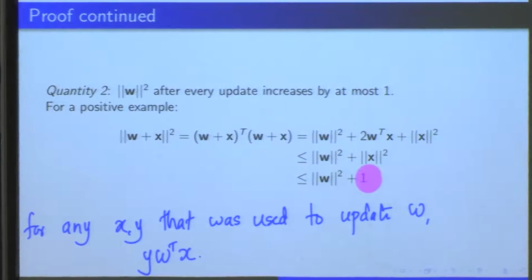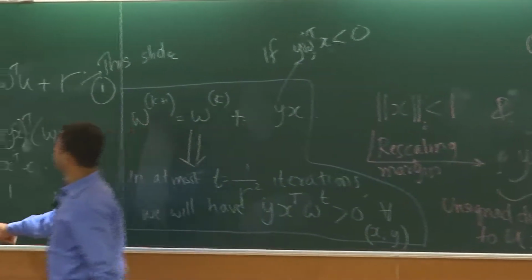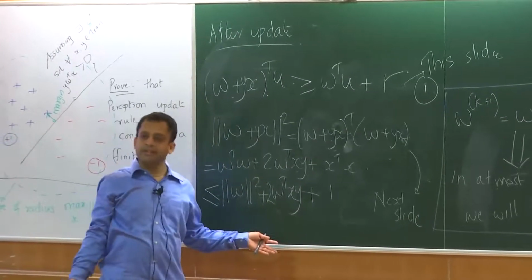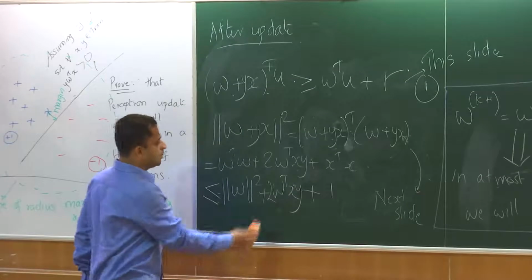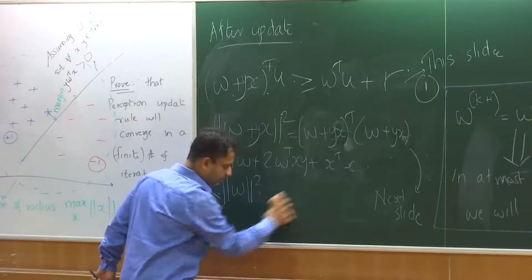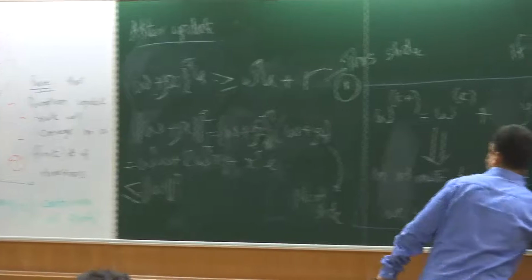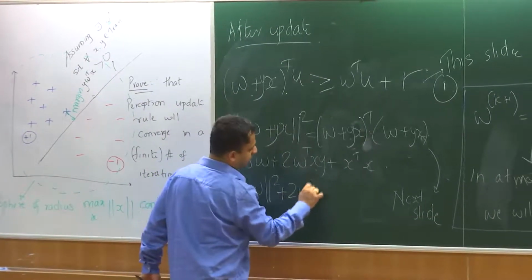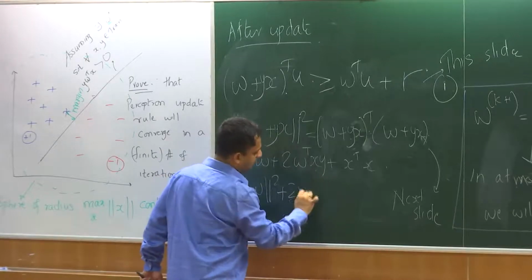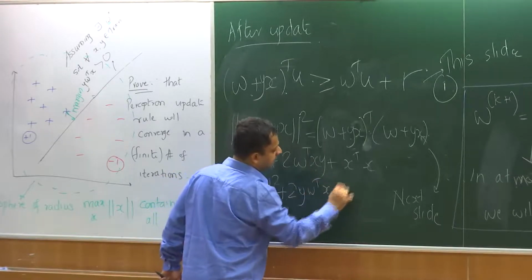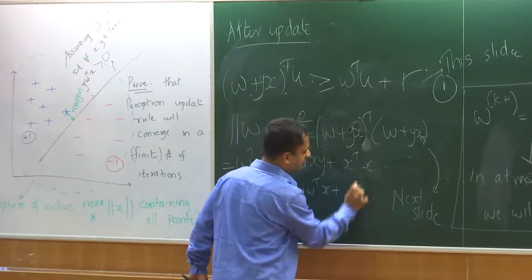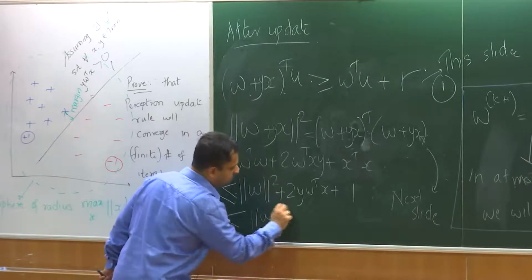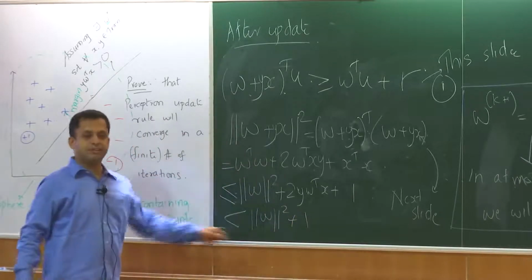So I have additionally made use of the fact that y w transpose x will be negative if that point was used. So I can get rid of that term on the right hand side, or you can write: y w transpose x plus norm x square, which is 1, is less than norm w square plus 1. I have written it as an additional step.